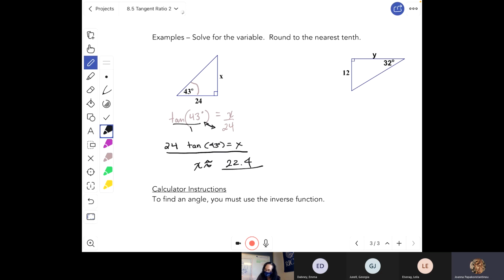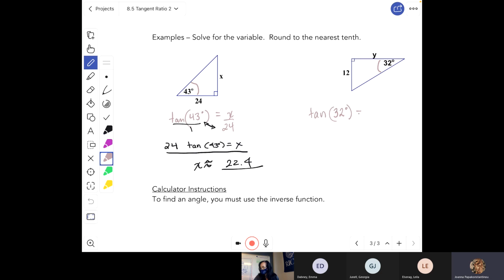So this is all about tangent, but in the future, you will have to figure out which trigonometric ratio you're going to need to solve for the unknown value. Today, we're working with tangent. We have this angle measure, so we're saying the tangent of 32 degrees equals, and what is the ratio?